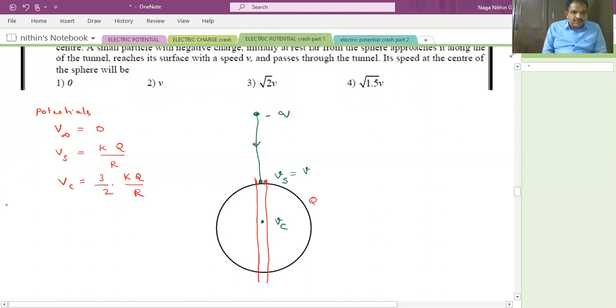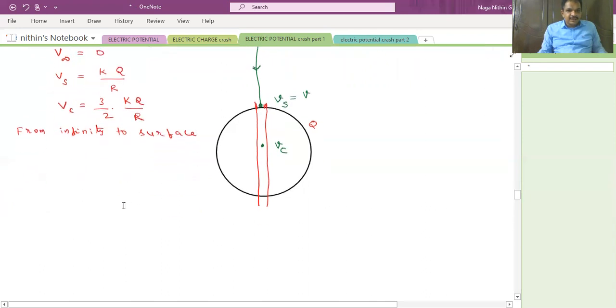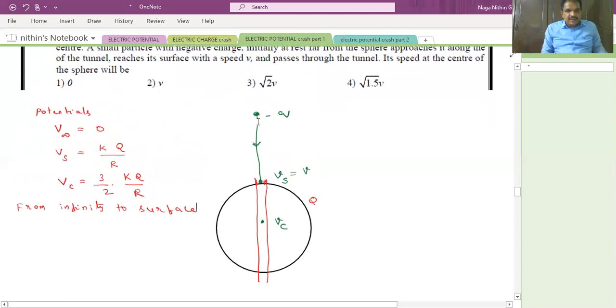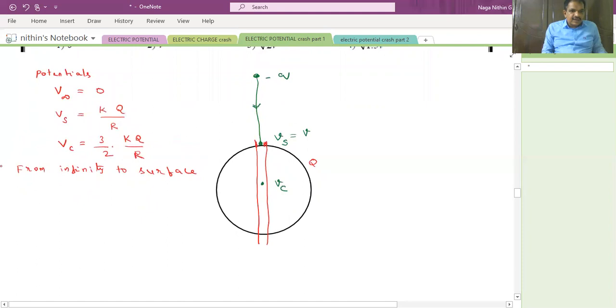Now, from infinity to surface, work done is equal to change in kinetic energy, the 11th standard work-energy formula. Here velocity will be 0, here velocity will be v. Work done W is equal to VQ formula.